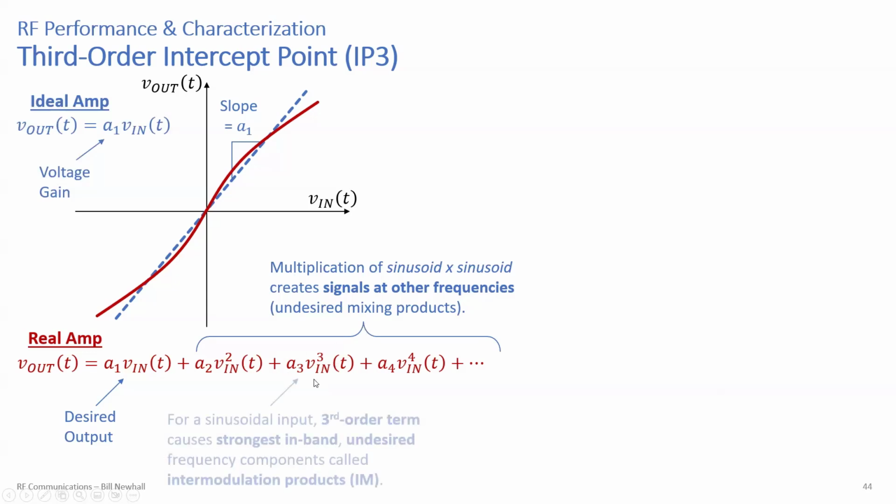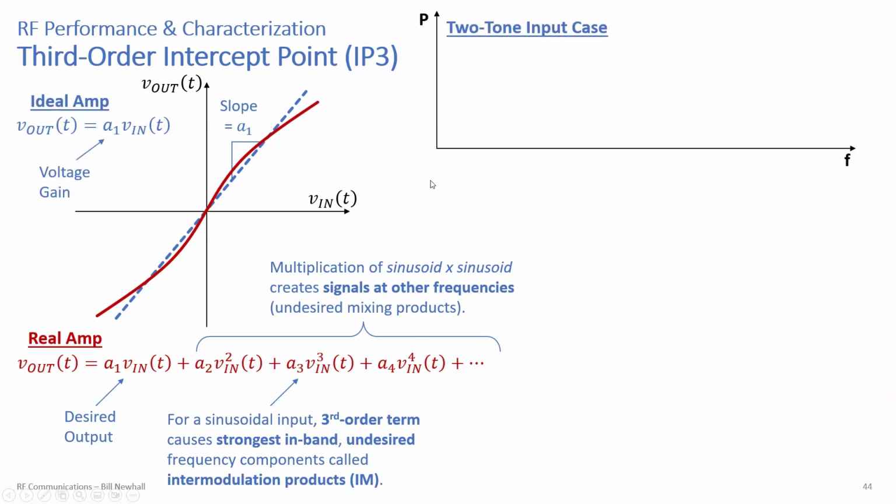One of these components is special. It's the third order term, because that causes the strongest in-band, close-in, undesired frequency component. That's the strongest intermodulation product that we would see. We can look at this. Here's a two-tone case. Here's power versus frequency, and I put two tones into an amplifier at power P1.